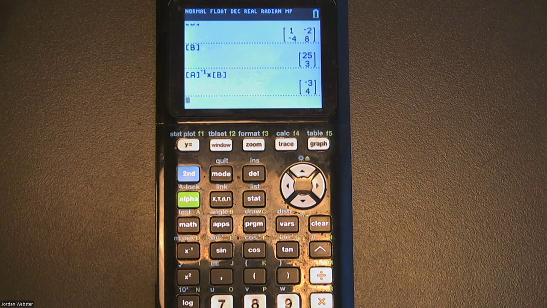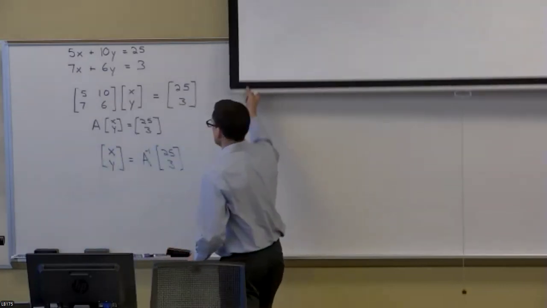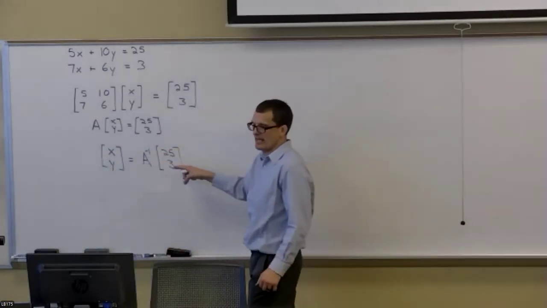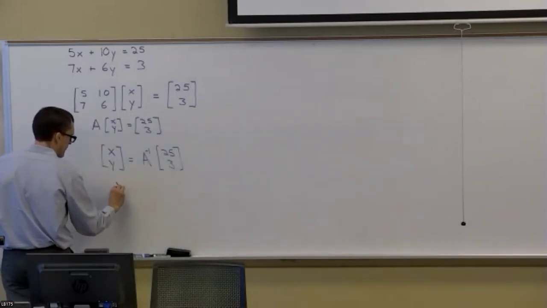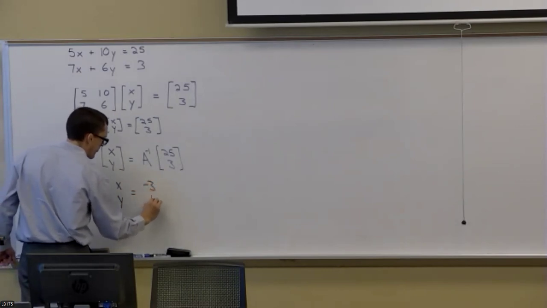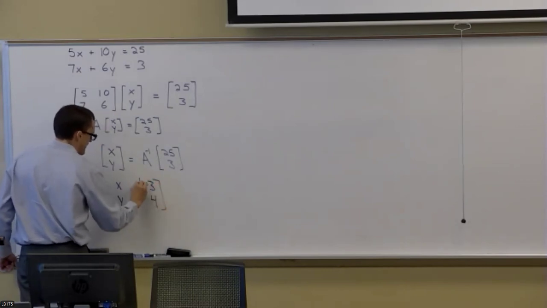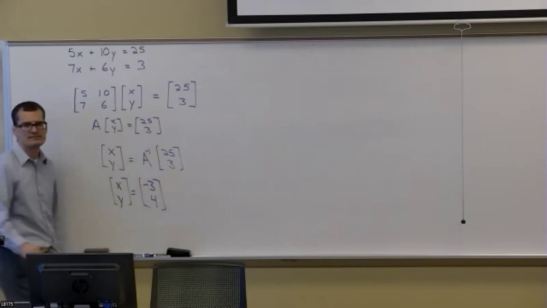We've done this problem before, so that should have been what you'd expected. So we just did XY is that. So that means X is -3 and Y is 4.